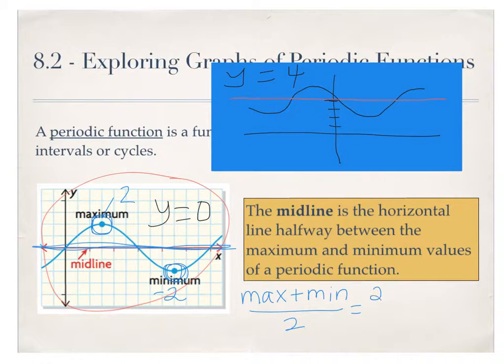So here it'd be 2 plus -2 divided by 2, which if I type it in gives me 0. So it's a pretty easy equation to use, or a way to figure it out if it's not just obvious to you, because sometimes it could be a decimal or something. When it's a whole number, it's pretty obvious, but sometimes it's not.